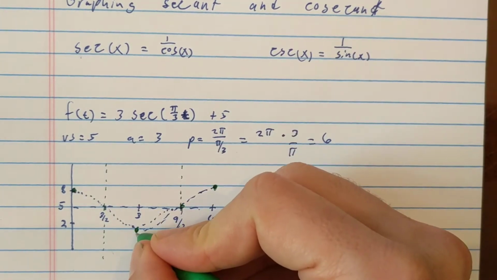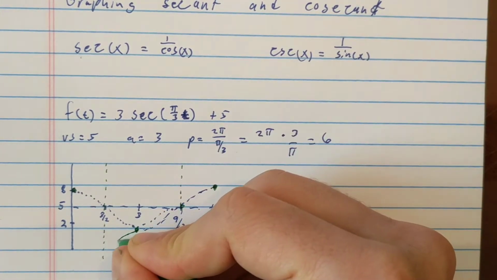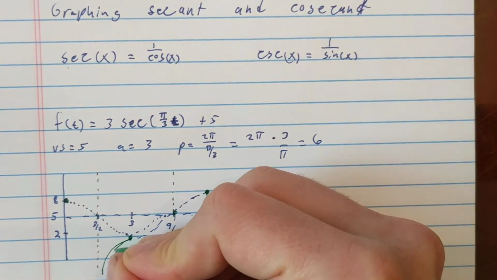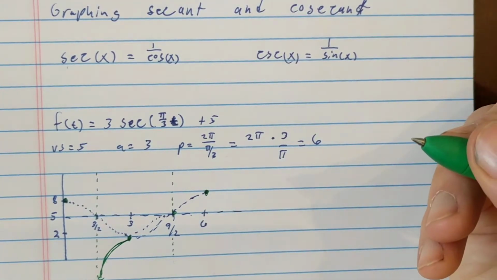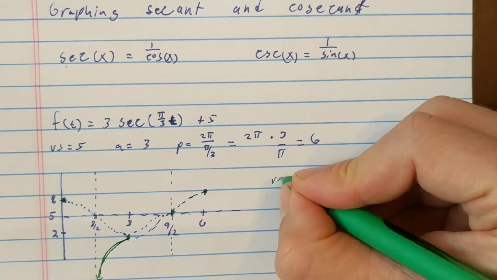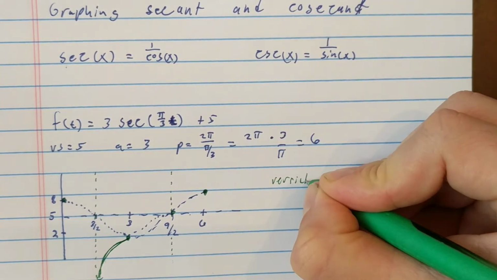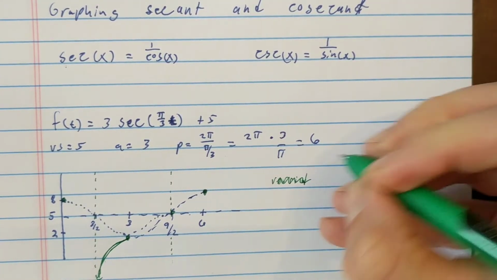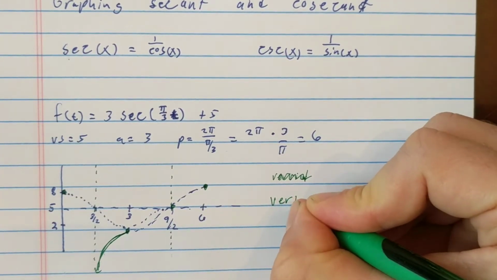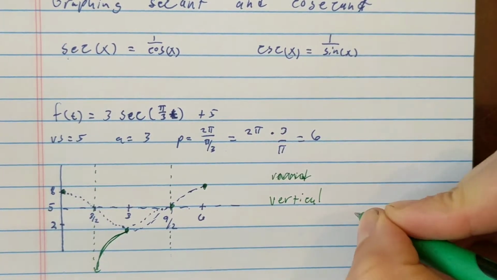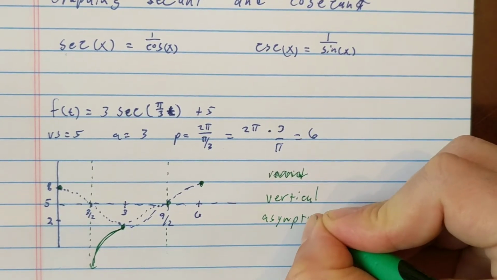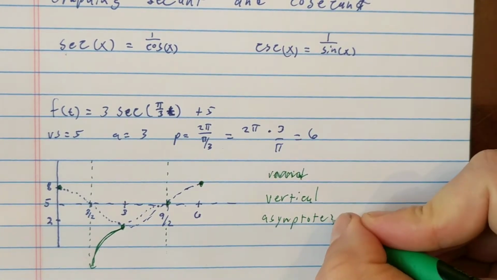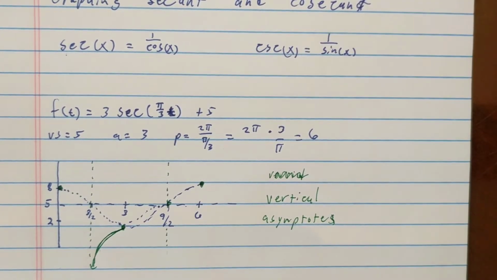Now we're ready to actually graph secant, and secant goes out and then uses these dotted lines. They are called, hopefully you remember, vertical asymptotes.